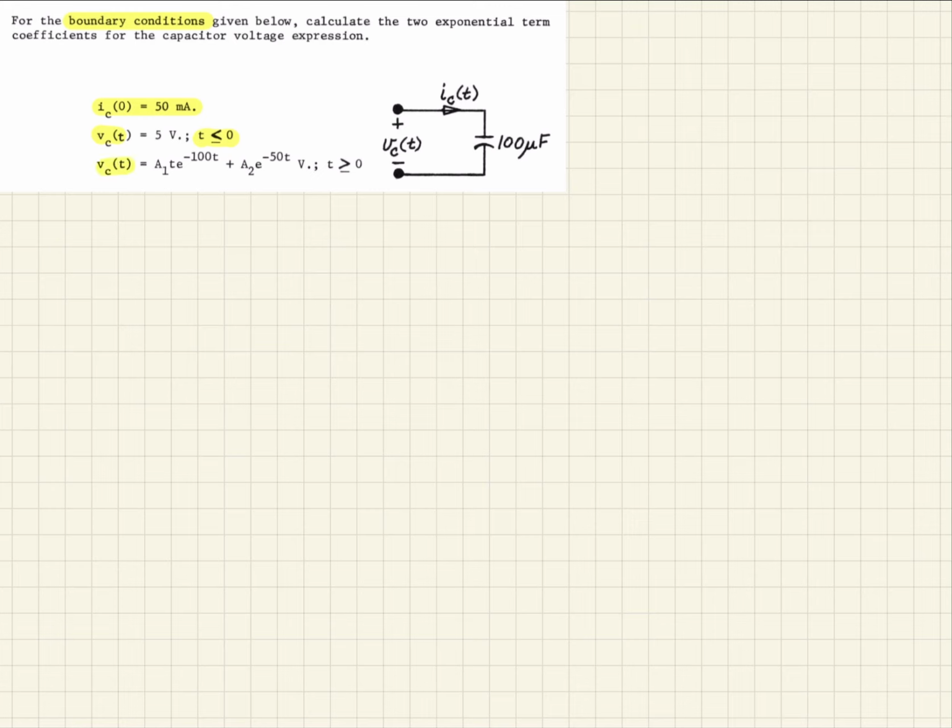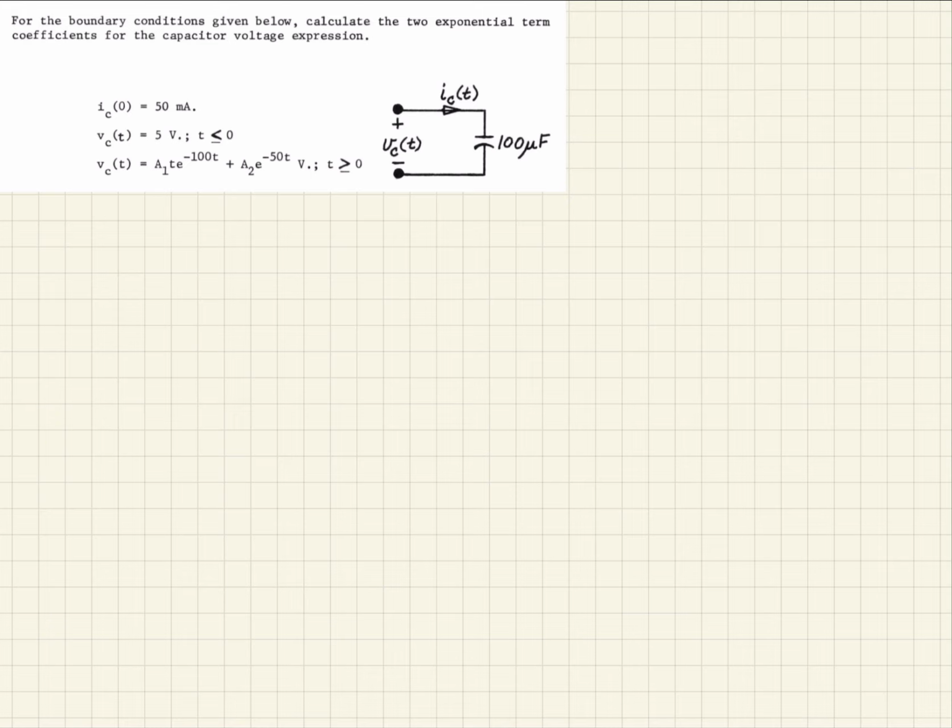And then this is the expression after 0. They're asking us to calculate the two exponential term coefficients, so that would be this A1 and this A2. Here it's just a matter of applying the boundary conditions to do that. So let's see how we would go about that.